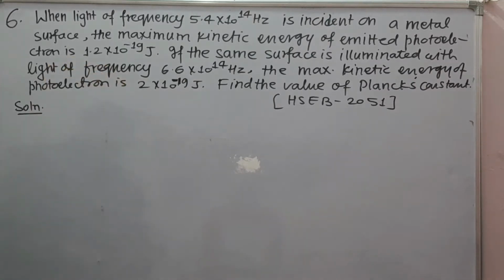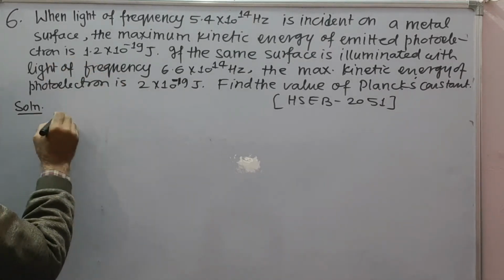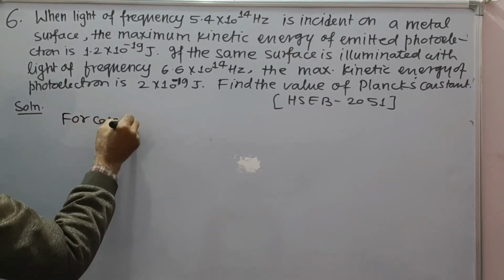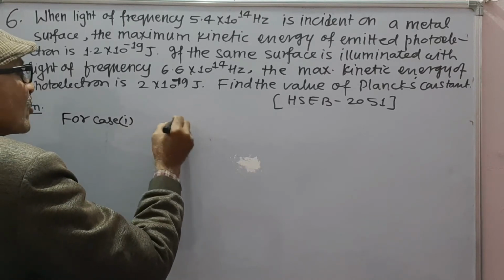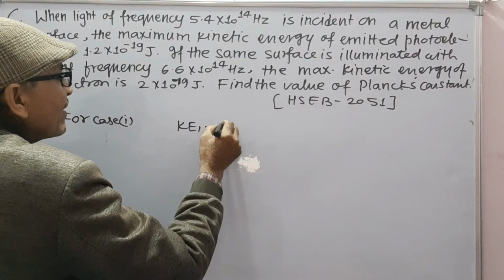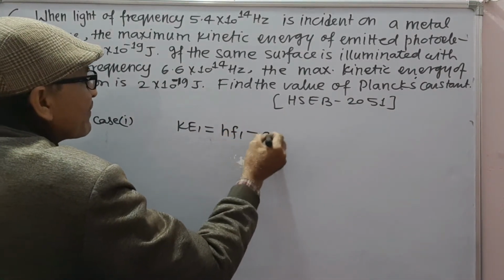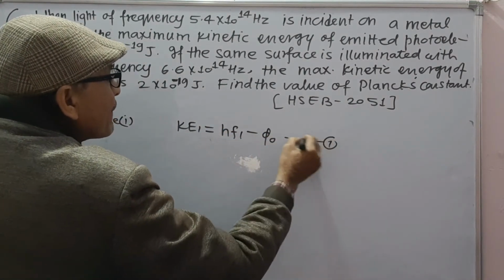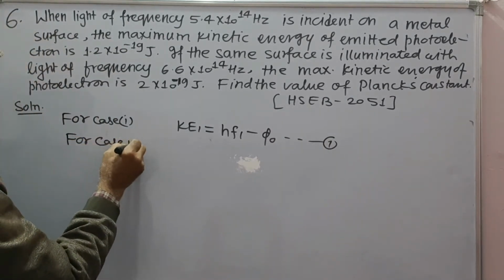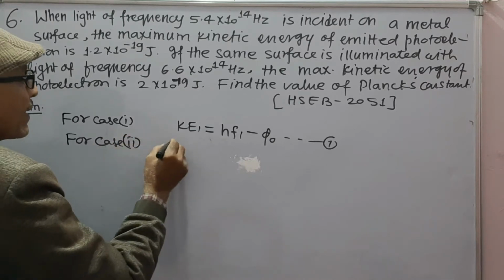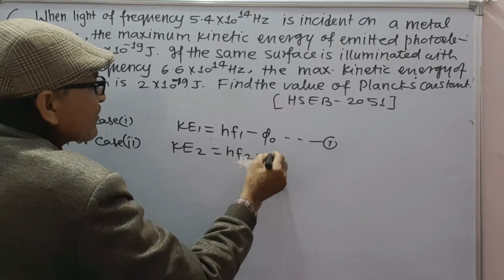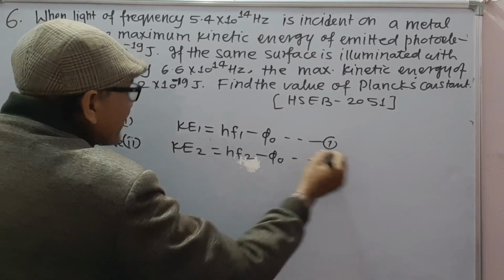Here we have two cases. Therefore, for case 1, the photoelectric equation will be Ke1 is equal to hf1 minus phi naught, equation 1, and for case 2, Ke2 will be equal to hf2 minus phi naught, equation 2.